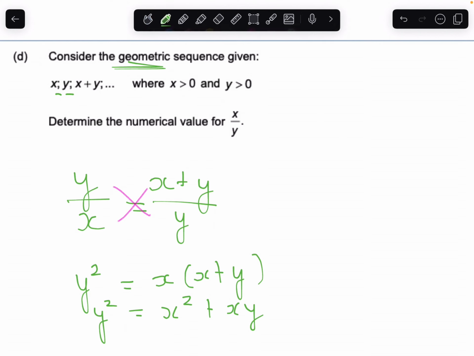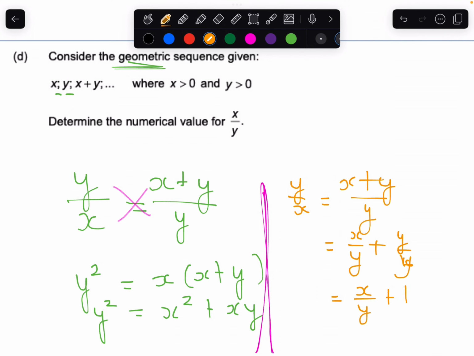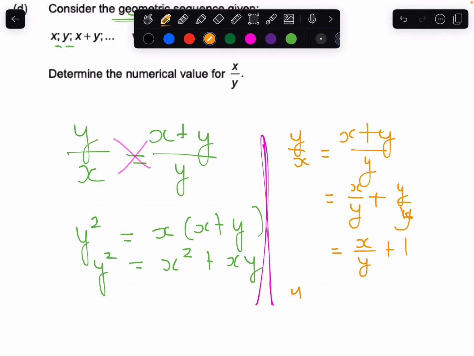Another way to think about this, this is me still being very lost: y over x is equal to x plus y over y, which is the same as x over y plus y over y, which is the same as x over y plus 1. Okay, so we have y over x minus 1 is equal to x over y.